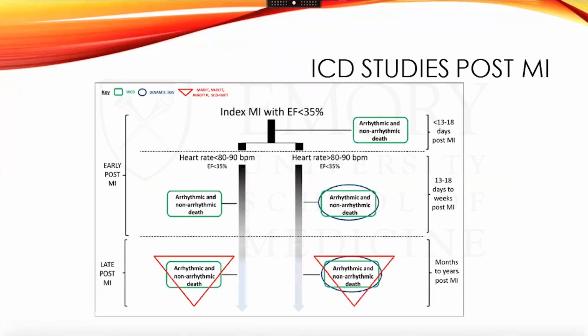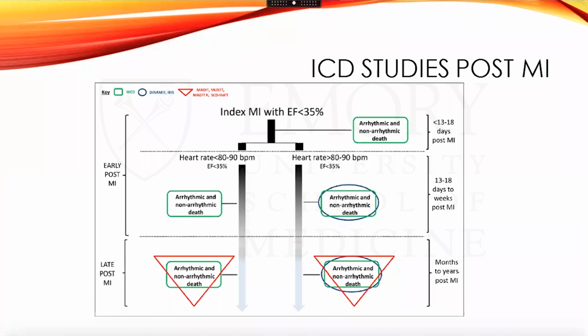So when we think about treating ischemic VT, the first thing we think of is defibrillators. And so here's a summary slide of different phases of MI and the trials that have studied using ICDs there. I think the important lesson here is that the green box and the blue circle, which are DINAMIT and IRIS, are negative studies.